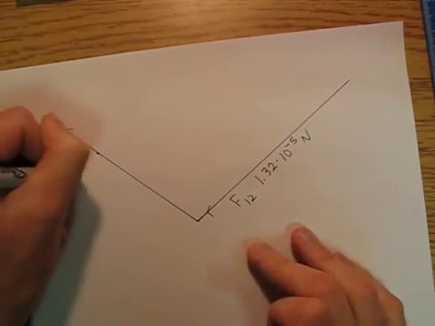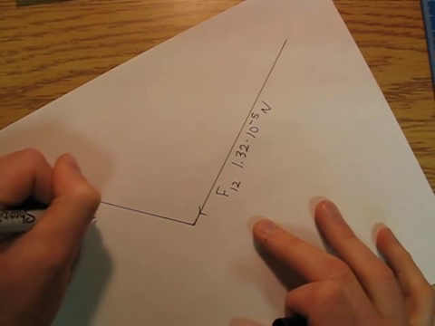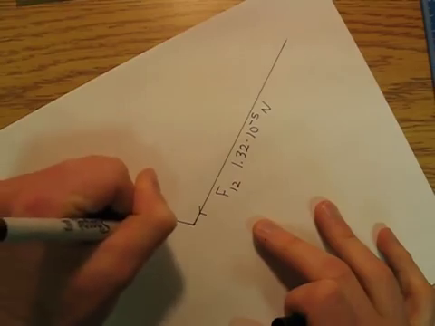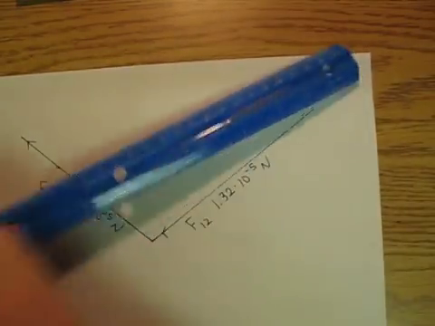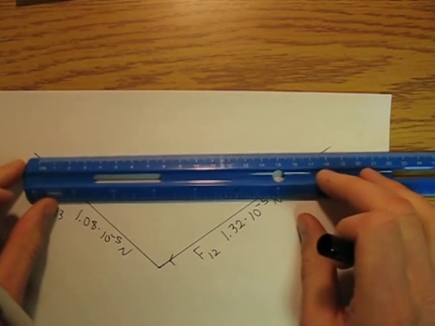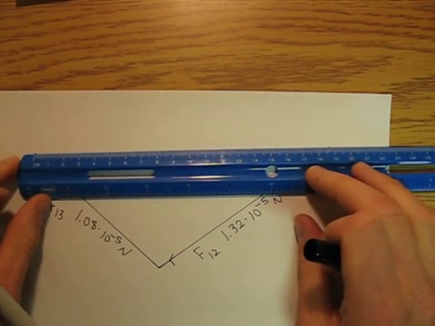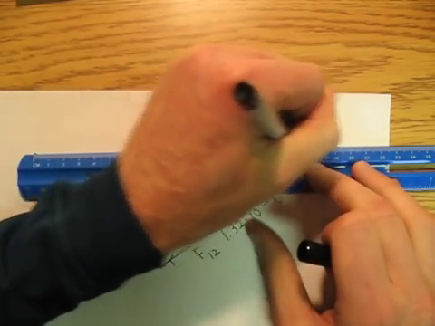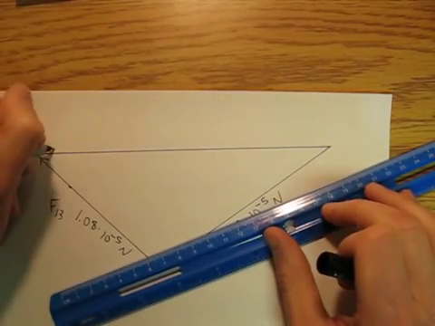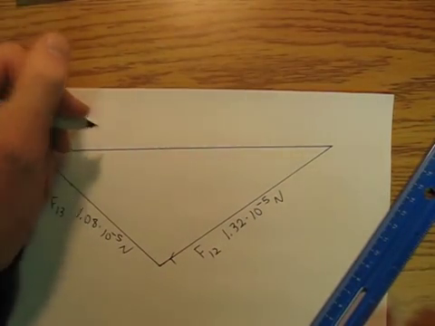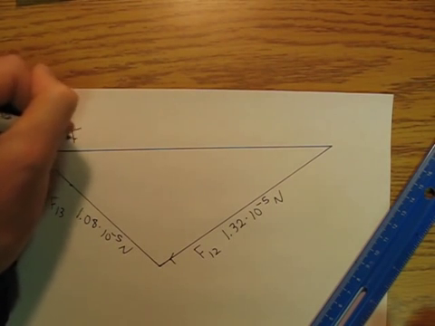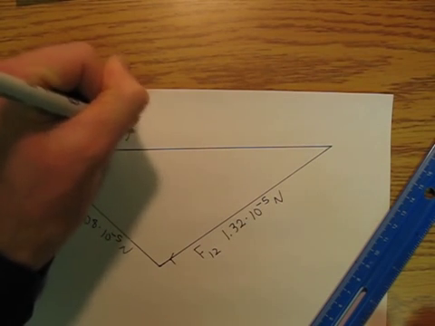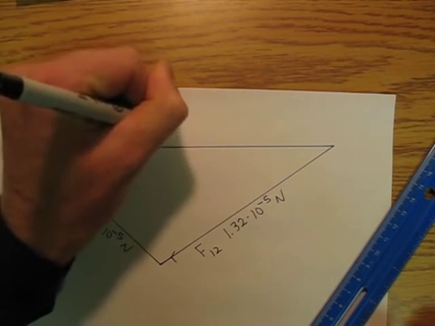And so I've got force 1,3 is going to be 1.08 times 10 to the negative 5th newtons. And so the result of adding those two together is going to be a little under 19. So force total is going to be approximately 1.9 times 10 to the negative 5th newtons.